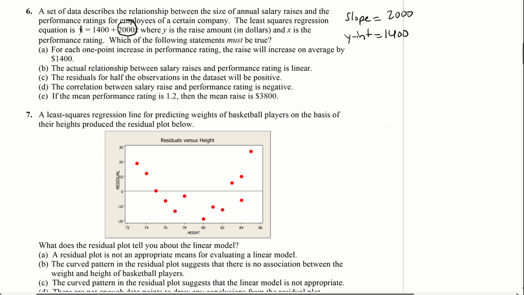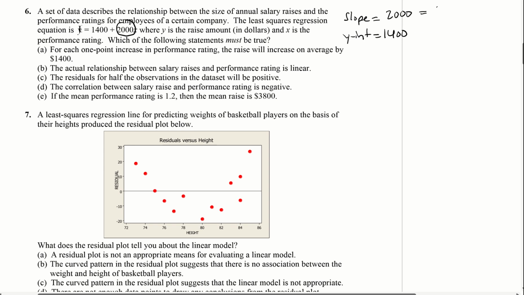And so remember that the slope tells you the change in y over change in x, right? So this is 2,000. This is saying that you're going to have a change in the y value of 2,000.